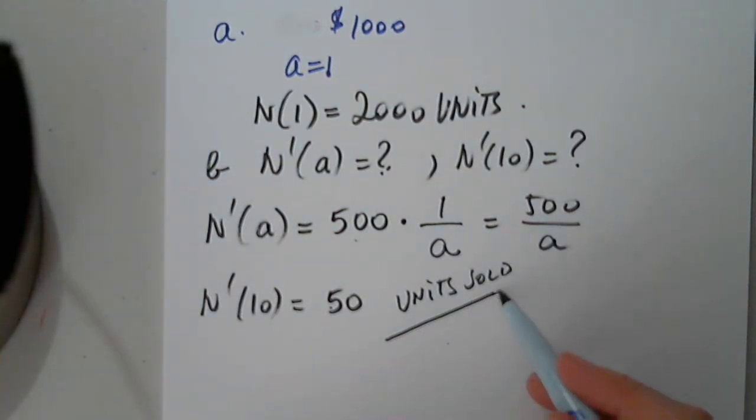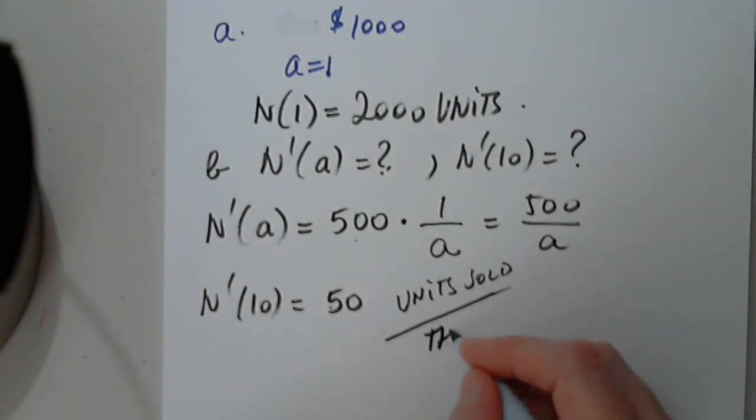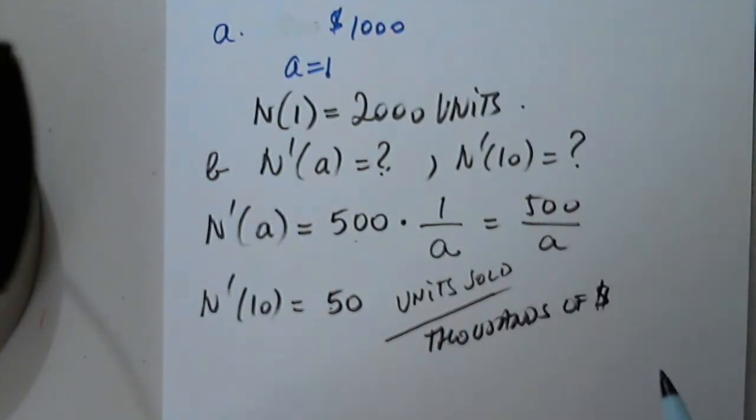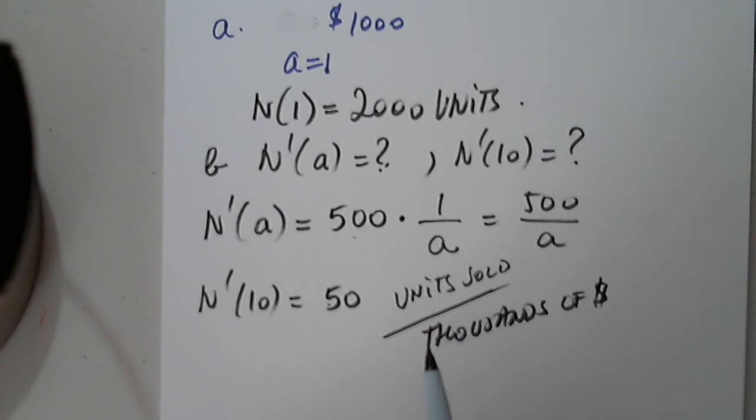Very good. What is the variable A, or the x variable, measured in? Thousands of dollars. That's it. So always ask yourselves, what is y measured in? What is x measured in? And that's the measurement unit for the rate of change.